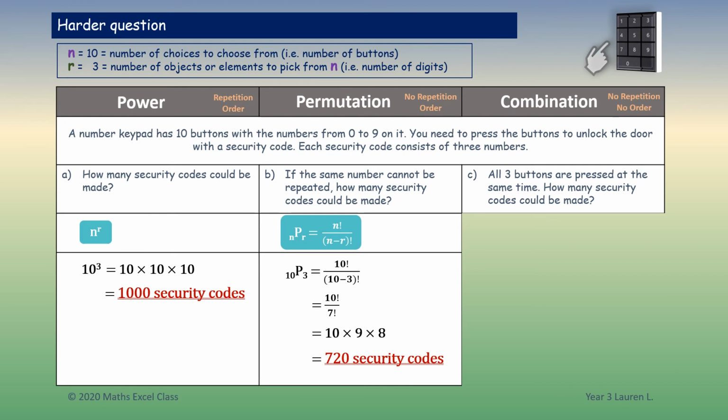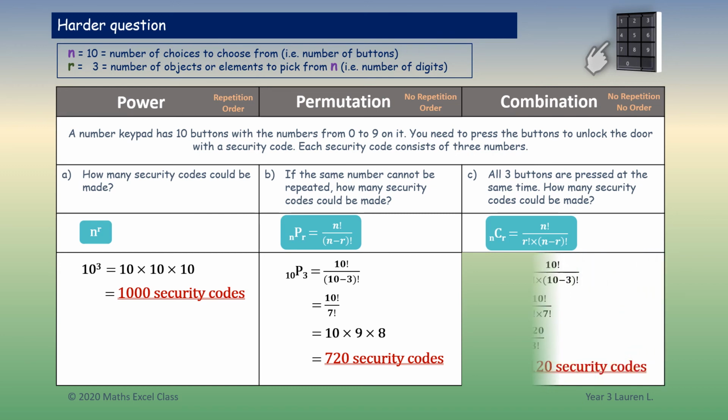The formula is n factorial divided by r's factorial times n minus r's factorial. This time it would equal 10's factorial over 3 factorial times 10 minus 3's factorial. This equals 10's factorial over 3's factorial times 7's factorial. We could cancel the 7's factorial with the top, but we are still left with 3's factorial.